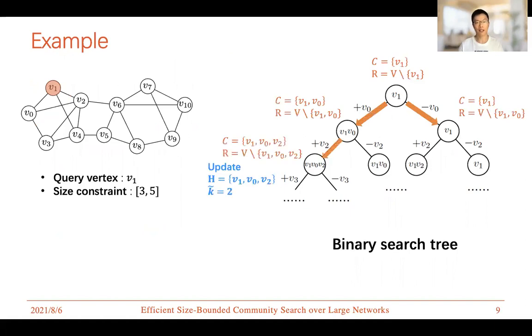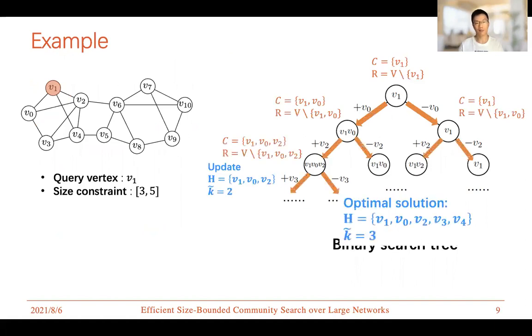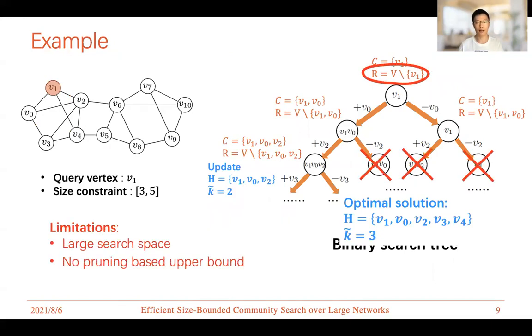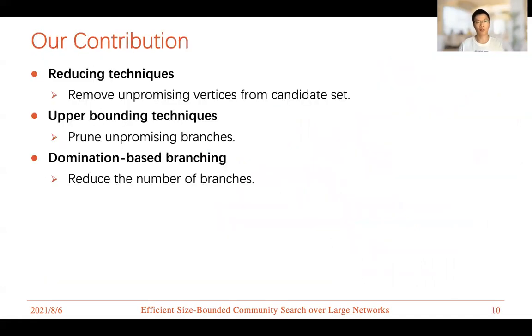However, there are several limitations of this basic enumeration algorithm: large search space, no pruning-based upper bound, and a naive branching rule. To solve this problem efficiently, we propose the following techniques in the paper: reducing techniques, upper bounding techniques, and domination-based branching.